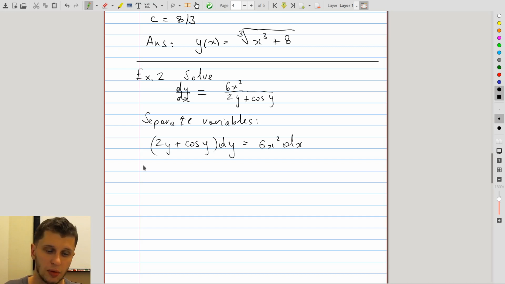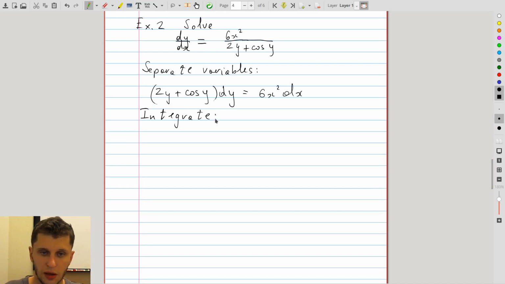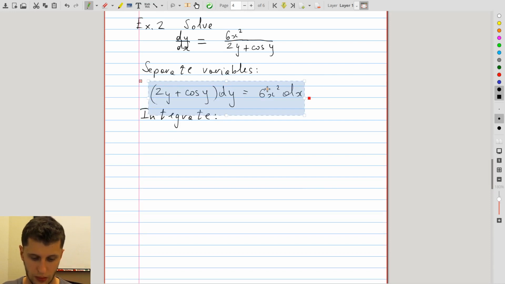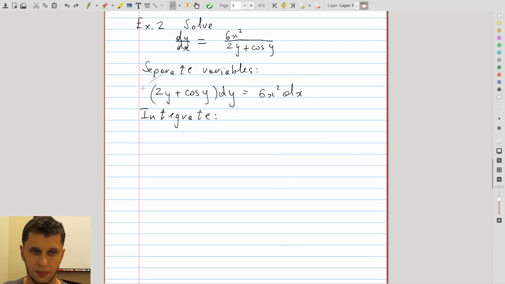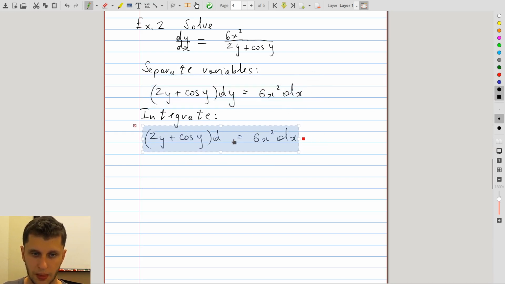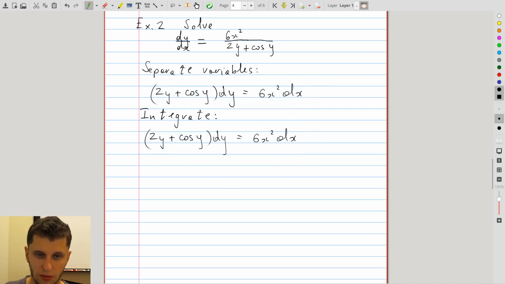Then we'll integrate both sides, which results in the following. We'll get the integral of this expression here equals this expression here.